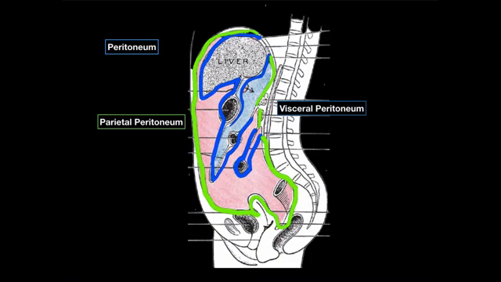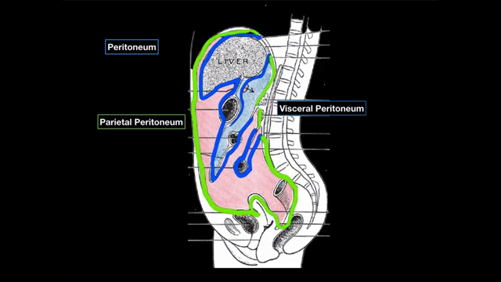And then you have the visceral peritoneum, which covers the organs inside the abdominal cavity, here in blue. So not only is the liver covered by tunica fibrosa, the fibrous layer, but it's also covered by the visceral peritoneum, also called the tunica serosa, because the peritoneum forms a serous membrane which reduces the friction of surrounding structures. So it's really good to have this visceral peritoneum covering the liver as well.